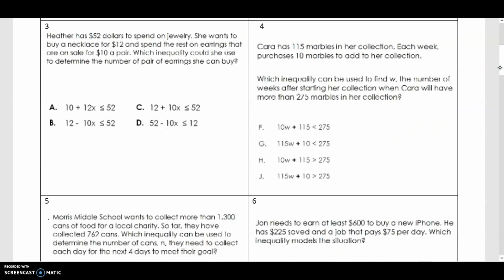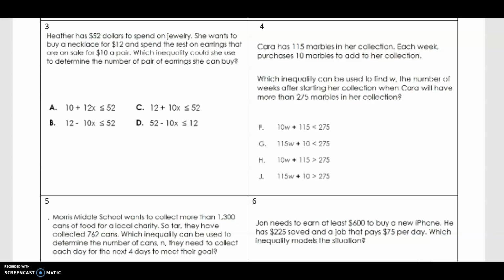Number 3 says Heather has $52 to spend on jewelry. She wants to buy a necklace for $12 and spend the rest on earrings that are on sale for $10 a pair. Which inequality could she use to determine the number of pair of earrings she can buy? Okay.